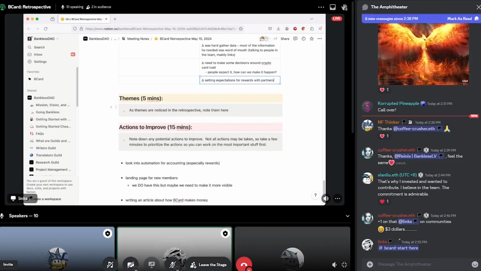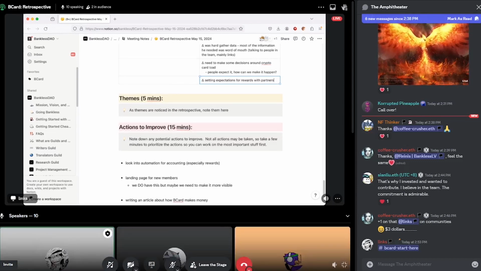Yeah, I think that's really, really important as well, because it allows people to see the dream. One of the things I was thinking, I put it into the potential solutions, is instead of the piece of content that I'm supposed to write called "How Crypto Cards Make Money," I was thinking of narrowing it down into how bCard makes money, because essentially Nicole said you can share our rates.